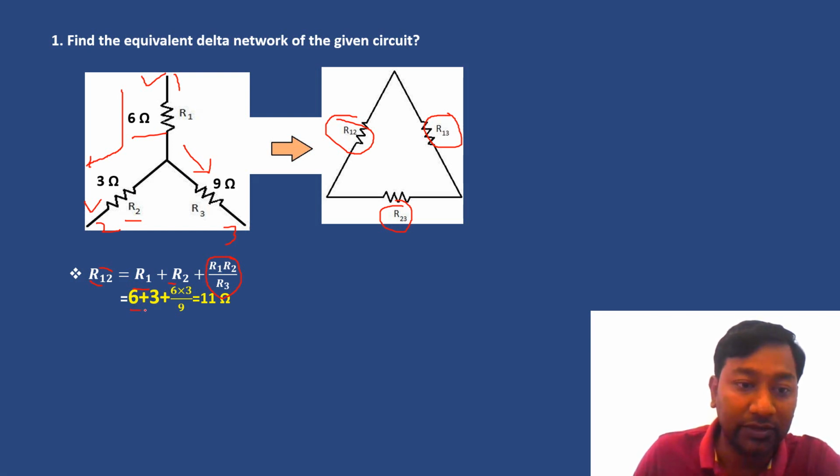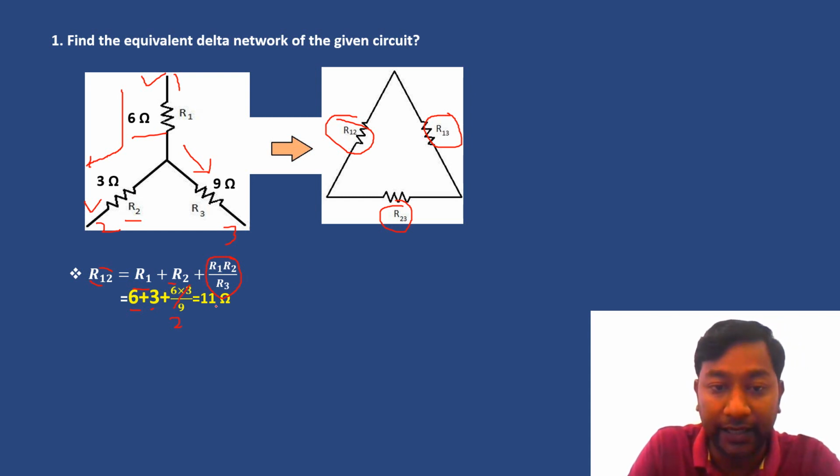So R1 equal to 6, R2 equal to 3, and R1 R2 divided by R3 equal to 6 into 3 divided by 9. 6 plus 3 is 9, 6 into 3 is 18, divided by 9 we get 2. So the answer is 6 plus 3 plus 2 equal to 11 ohm.